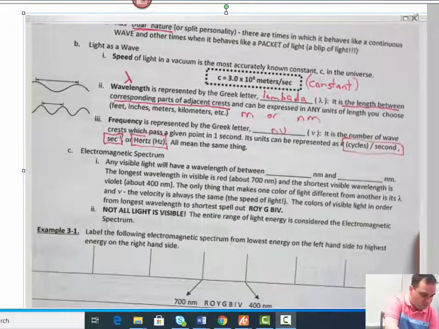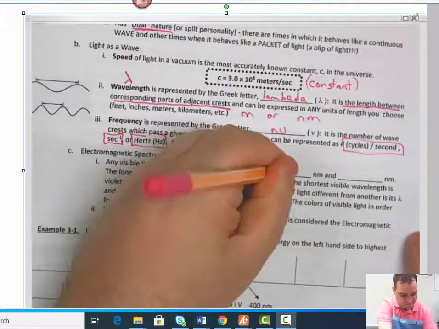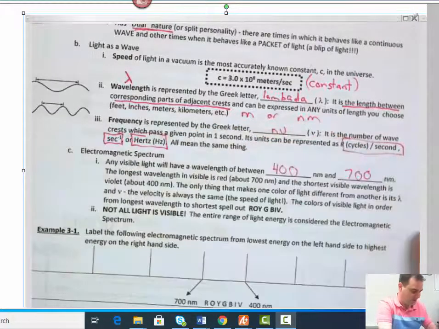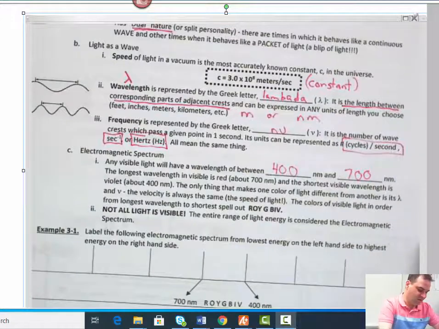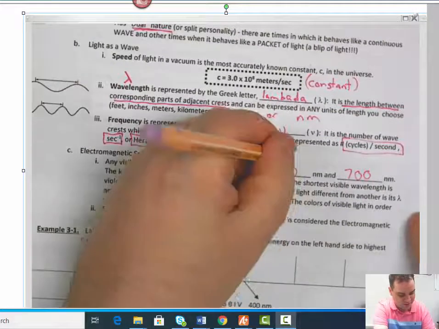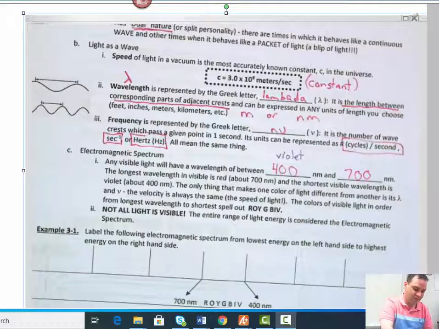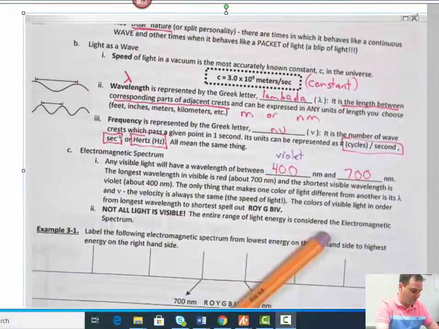Okay. Electromagnetic spectrum here. Visible light has a range of wavelength between 400 nanometers and 700 nanometers. Okay, the 400 nanometers is near the violet side of the spectrum if we're talking about visible light.